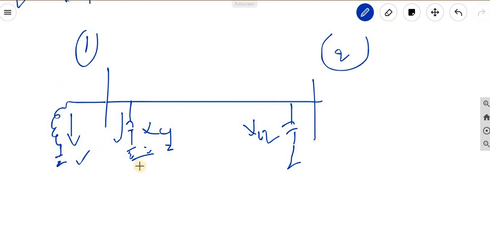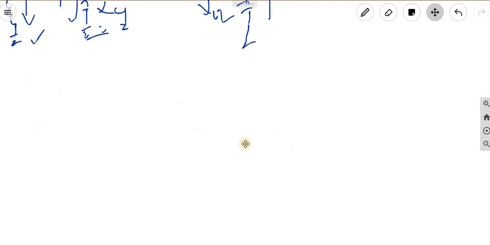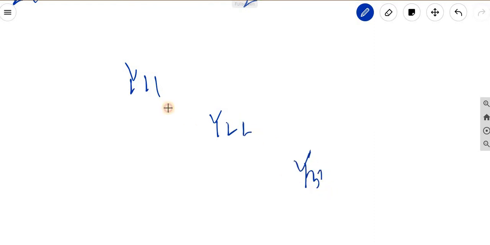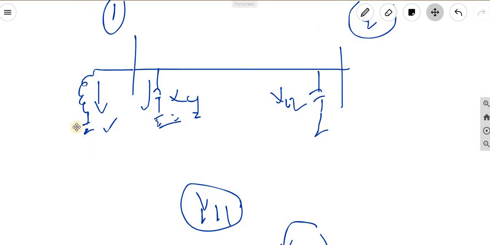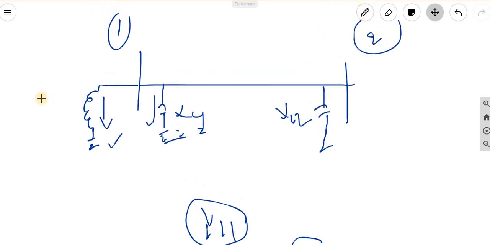So what would be the modification of the Y bus matrix, apart from the short transmission line? There would be changes in diagonal elements only. Suppose Y1, Y2, Y3. Only diagonal elements will be changing, because these elements come in the diagonal element itself. Suppose this is the Y bus, this is Y0, and we will add this into it.